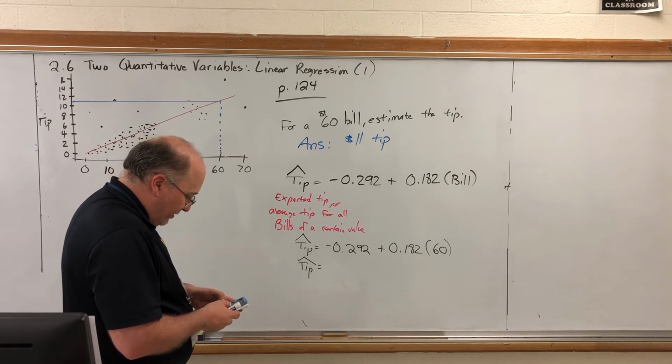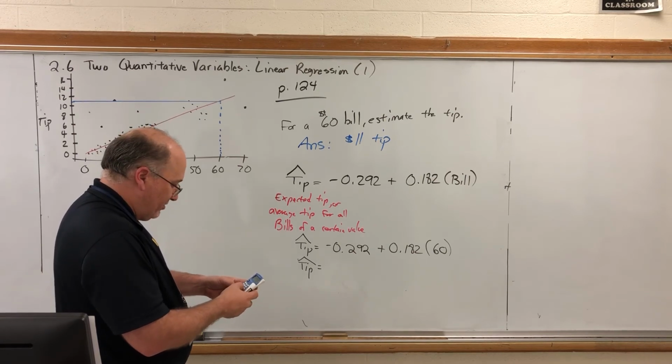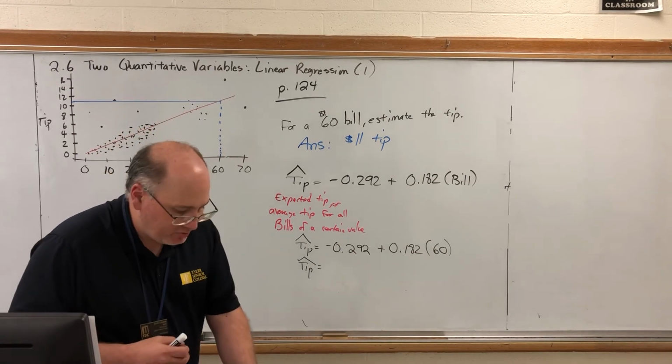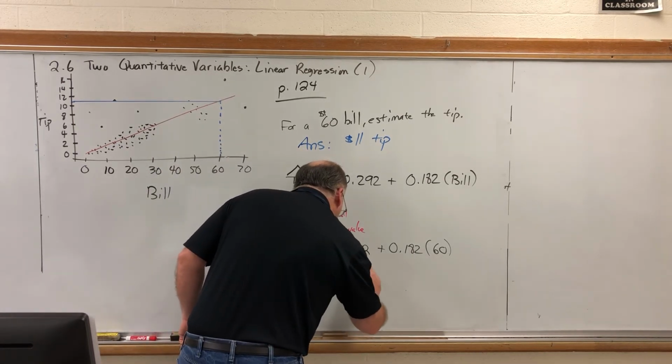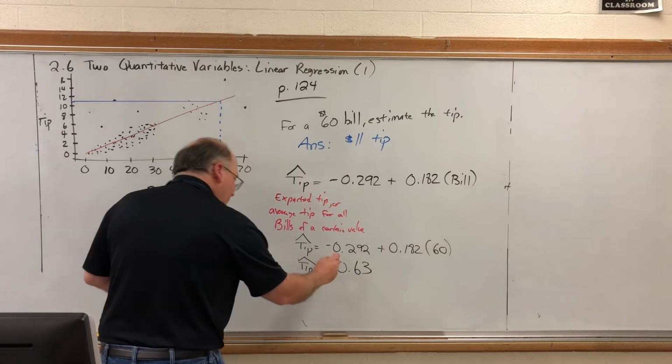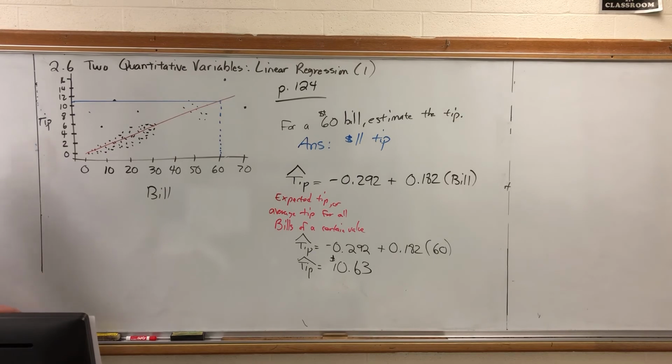Of course, it would help if I could press the buttons on the calculator correctly. And we get, to the nearest cent, $10.63. So I wasn't too far off when I said 11, so I guess my picture is drawn pretty well.